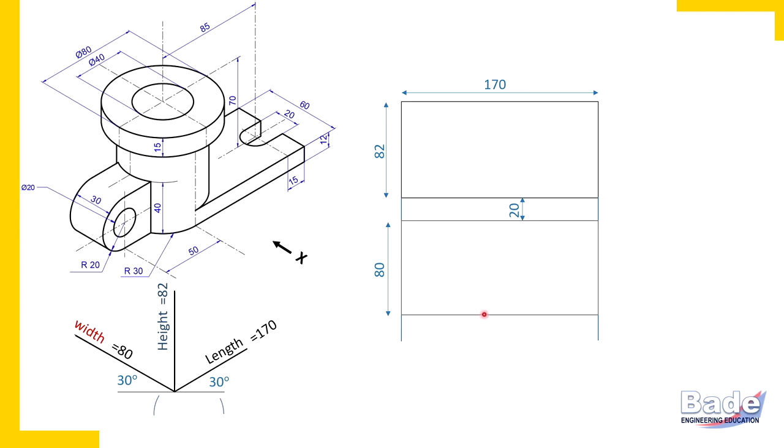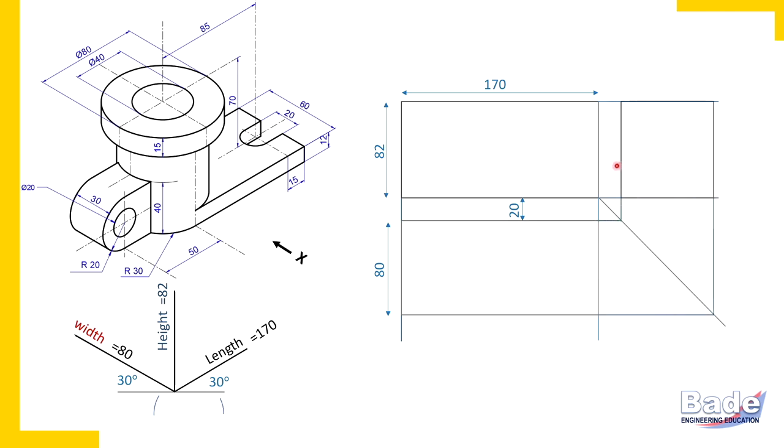Now this problem was asked in university exam for only two views, front view and top view. But we are not in exam hall. We are practicing here. So we'll proceed for side view also. So as usual, draw 45 degrees line to transfer width, which is vertical in the top view, and project it in the side view horizontally.